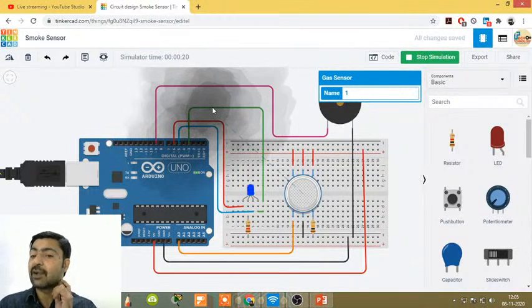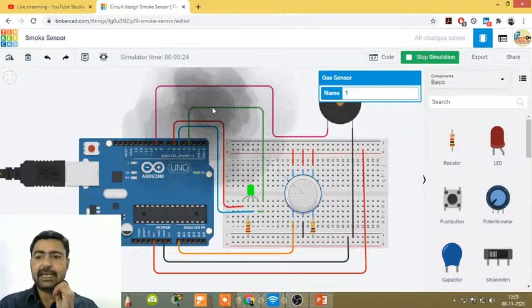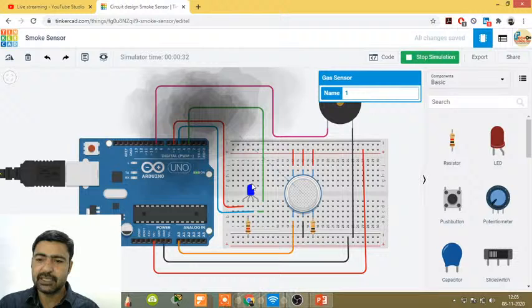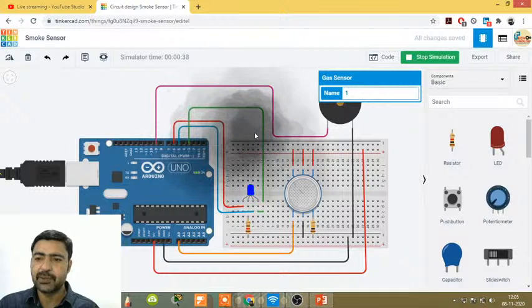What will be the reaction of this gas sensor? Nothing. That means it is not detecting enough gas to alarm. And you can see in the LED also, the LED is blinking, showing different colors.